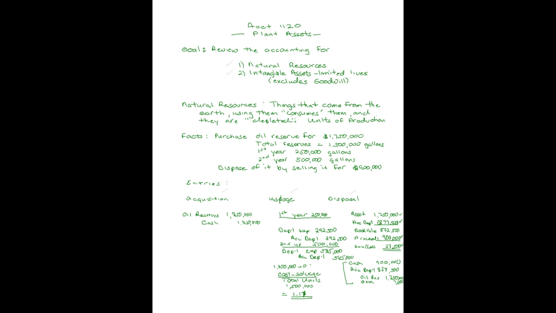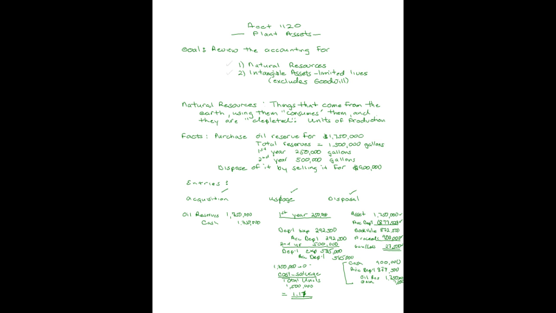So that gave you a chance to look at acquisition, very much like what we did for plant assets. Calculate how we used it using units of production depreciation, and how we disposed of it. Again, exactly like we did when we did plant assets. So, a very good review of plant assets like property, plant, and equipment, and natural resources. And these then are the entries that you would want to be aware of.